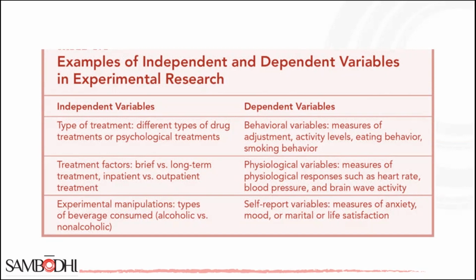Treatment factors: brief versus long term treatment, inpatient versus outpatient treatment. Physiological variable: measures of physiological responses such as heart rate, blood pressure, and brainwave activity. Experimental manipulations: types of beverage consumed, alcohol versus non-alcoholic. Self-report variable: measures of anxiety, mood, or marital or life satisfaction.